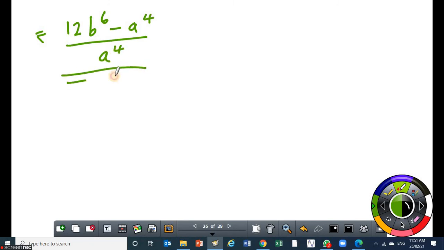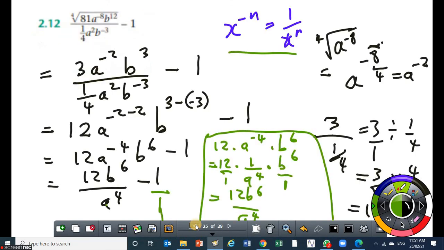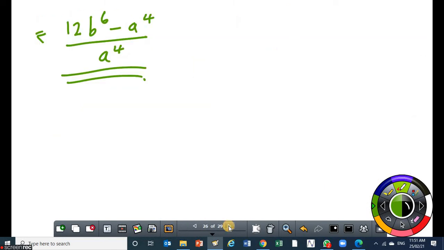But I'll leave my answer like that. It's also fine to leave it like this, without that, because this has been simplified from what it was at the beginning. Now when you get here, you can't simplify it any further.